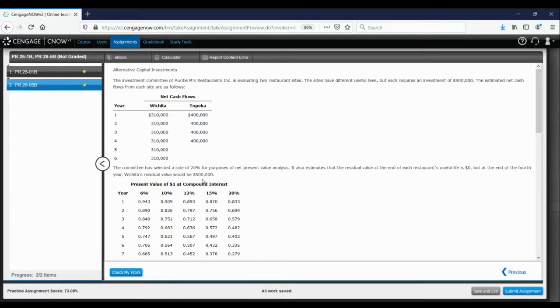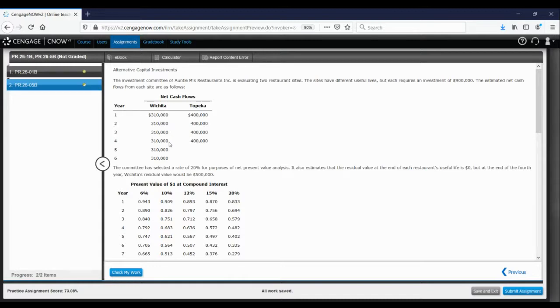And because the $500,000 is not equal to the $310,000, that means that our net cash flows for the Wichita investment will be unequal. The first 4 years, they are equal at $310,000 in net cash flows for each year.